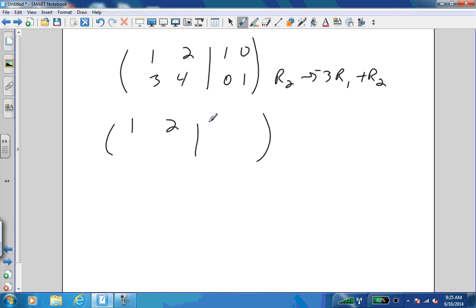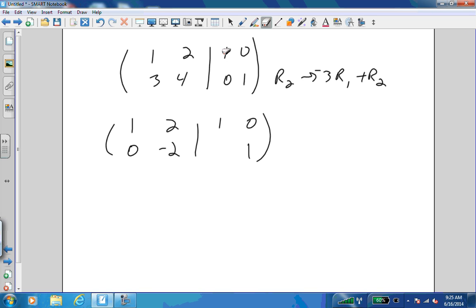So our first row is not changing, but we're going to do -3 times our first row, add it to the second row to get the new second. -3 times 2 is -6 and 4, so -2. -3, 0. -3 times 1 is -3, plus 0... so I messed up here. -3 times this one plus that one.